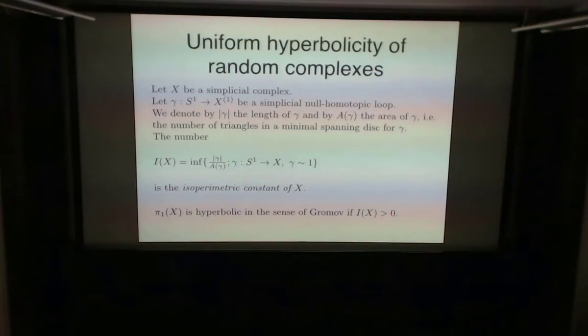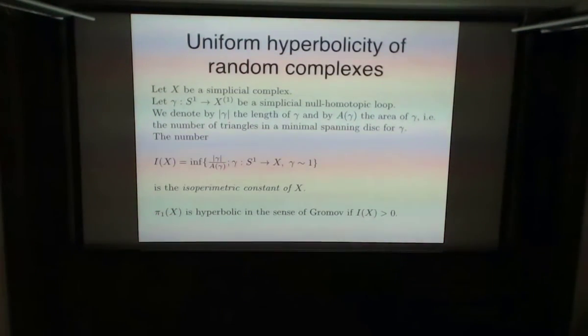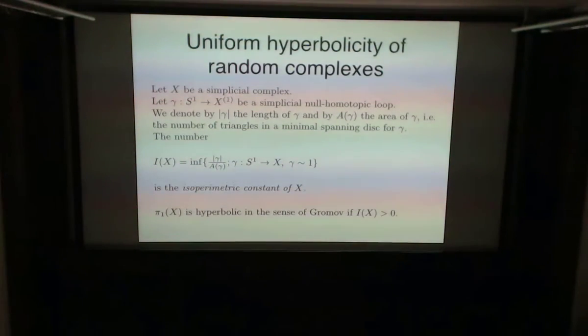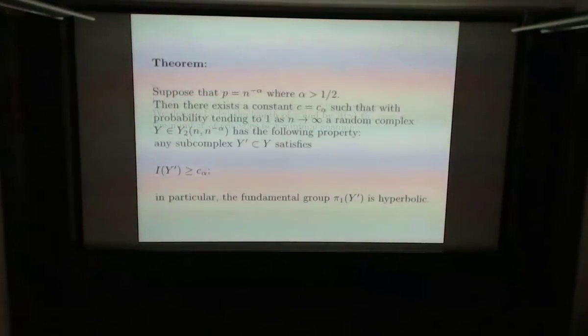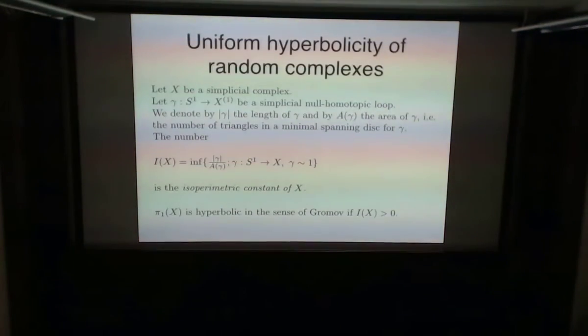If it is positive, then this property actually depends only on the group. And then we say that this group is hyperbolic in the sense of Gromov. This is equivalent to the statement that in this group there is a linear isoperimetric inequality, which is not on my slide.